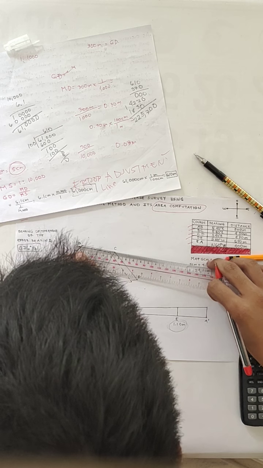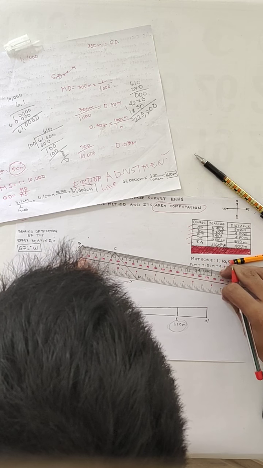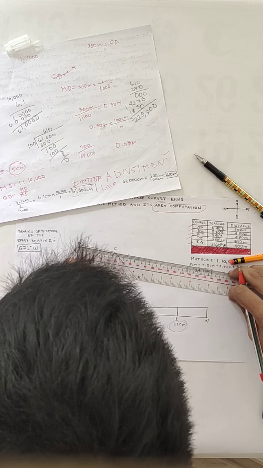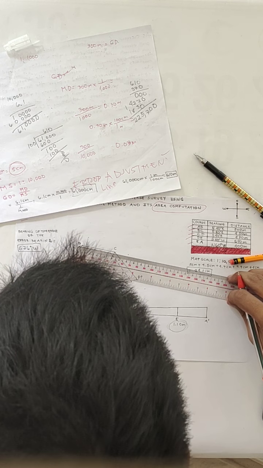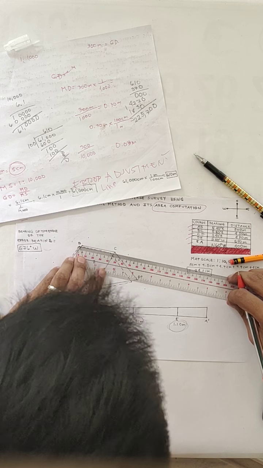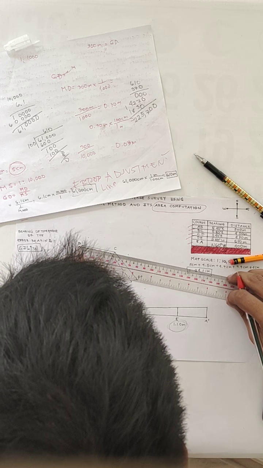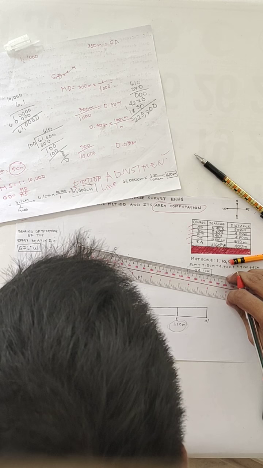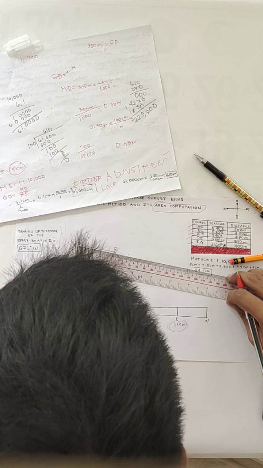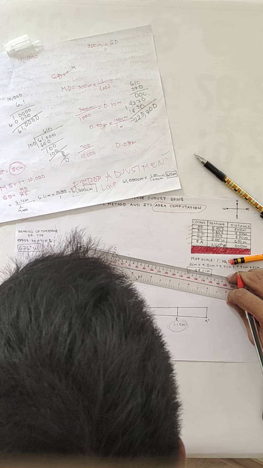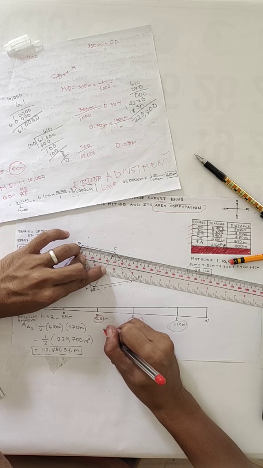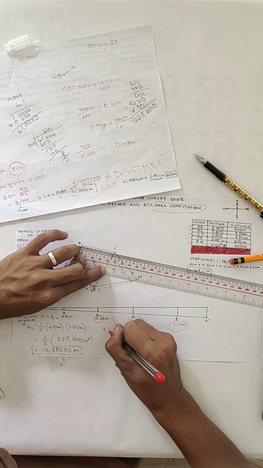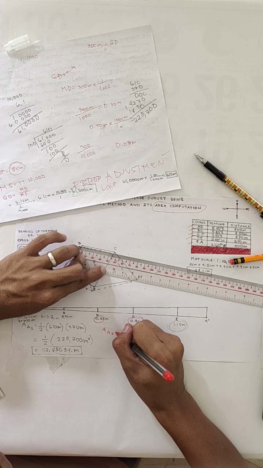We're going to measure this. So 4.2 centimeter, the area of triangle 2.